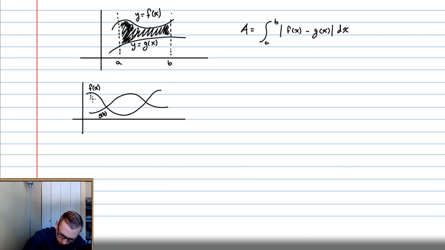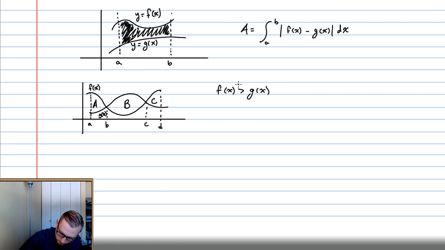This is some point A, this is some point B, some point C, and we'll call this some point D. Now, in this region A, and this is region B, and this is region C, in region A, f of x is greater than g of x, so that's fine.